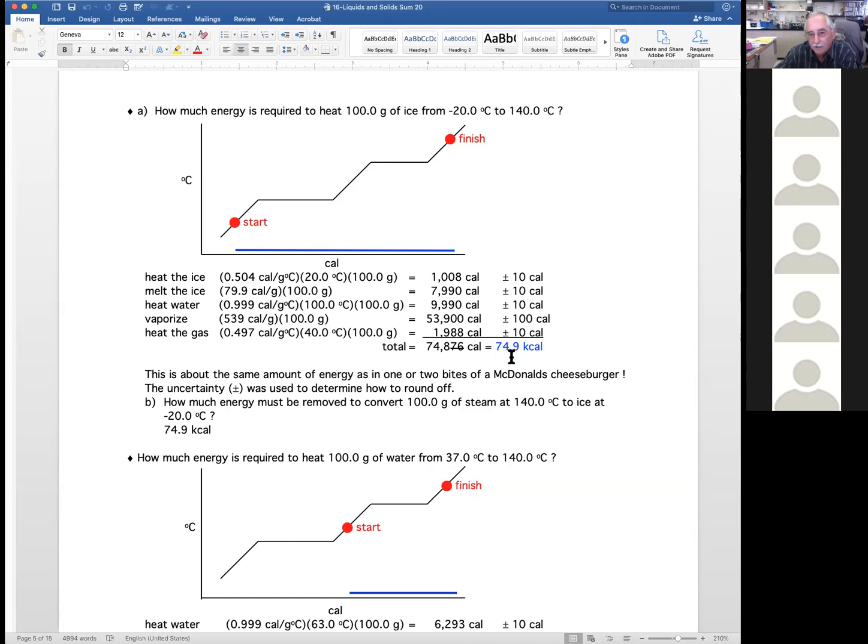About 75 kilocalories, but that's about the same amount of energy as 1 or 2 bites of a McDonald's cheeseburger. And people wonder why they gain weight. Think about it. 2 of these solid in your freezer. 1 or 2 bites of McDonald's cheeseburger will vaporize this to steam at 140 degrees.